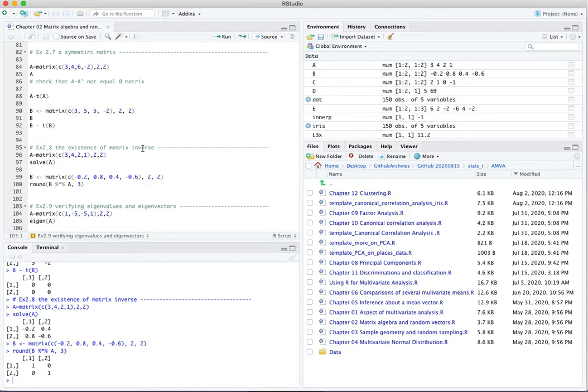As we can see, for the inverse concept, we can find it from these two steps, and the multiplication of these two matrices forms a diagonal matrix. The one is like a unit matrix.